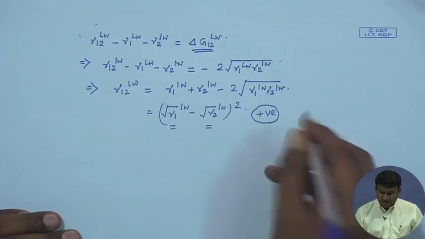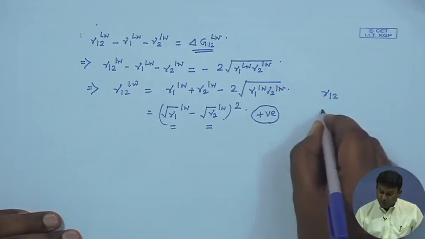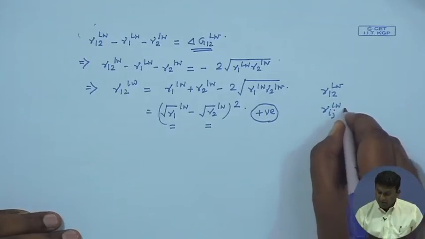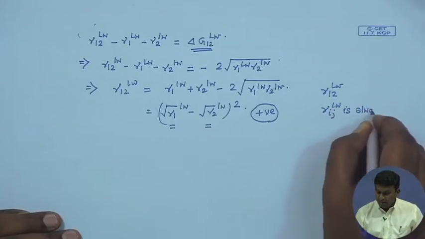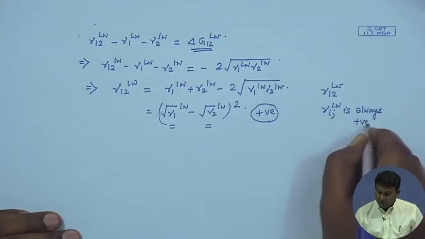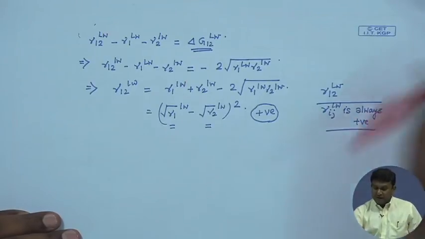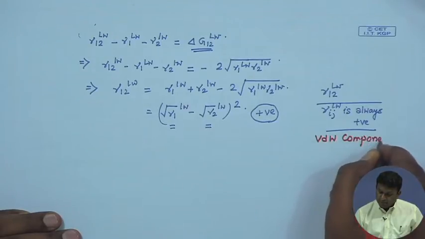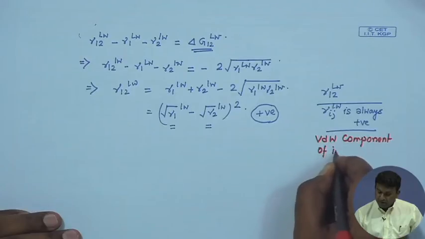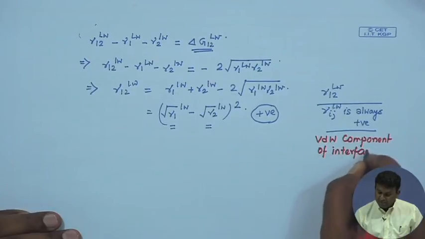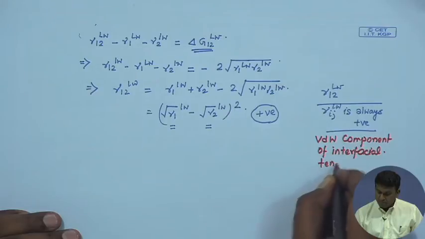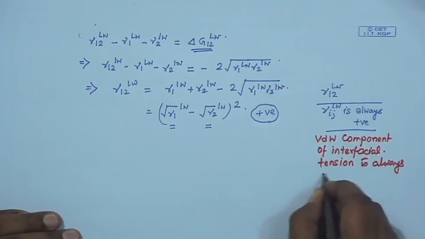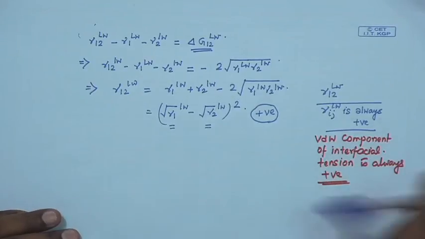So, what it means is gamma 1 2, or we can generalize it as gamma ij, is always positive, or in other words, the van der Waals component of interfacial tension is always positive. What is the consequence of that?